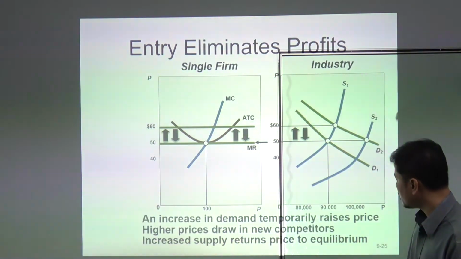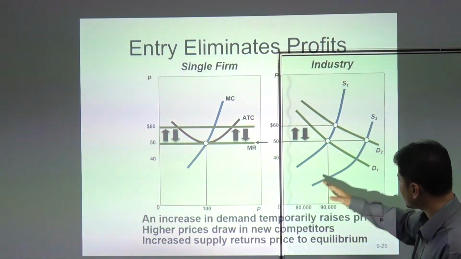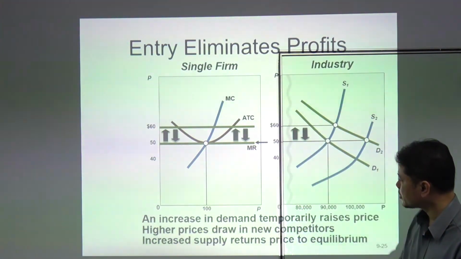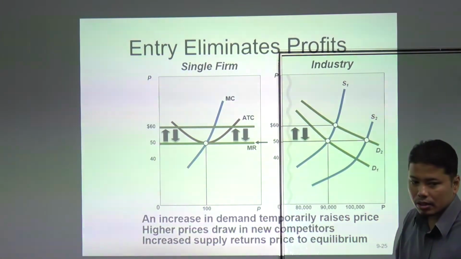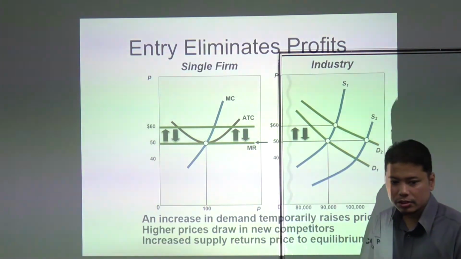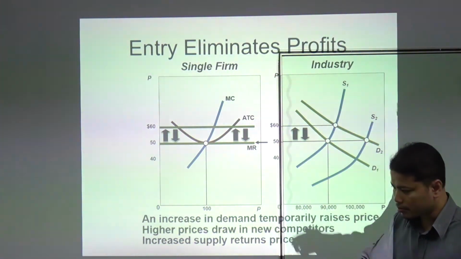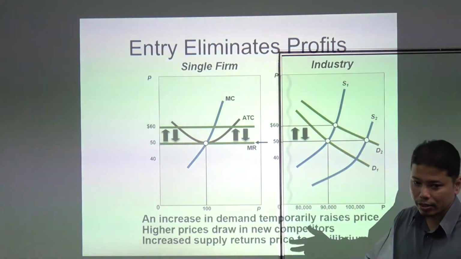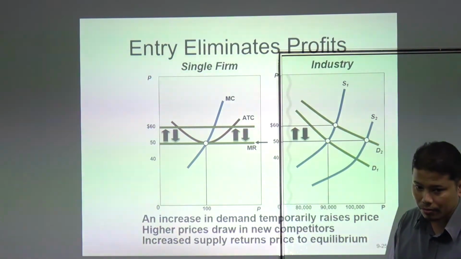Because of the increase in demand, the price has gone up from $50 to $60. So many farmers change their orchards from ordinary durians to Musang King durian.